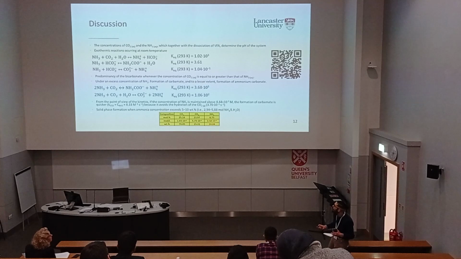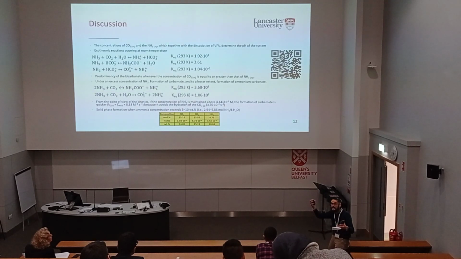Okay? However, if you have an excess of ammonia, if you add too much gas and the pH increases a lot, you can release a lot of ammonia and the CO2 is trapped because the pH increases. You have the problem that both the carbamate and the ammonium carbonate will increase.